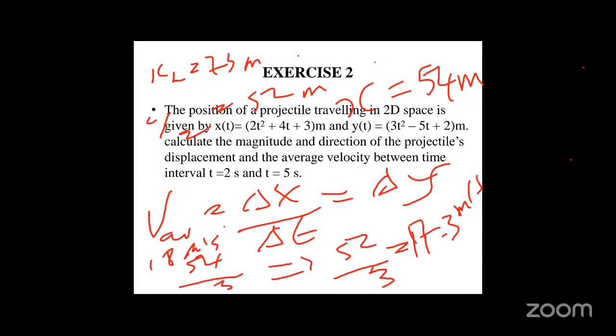So that is the average velocity of the X component and the Y component. Now we are asked to find the magnitude and direction of that.